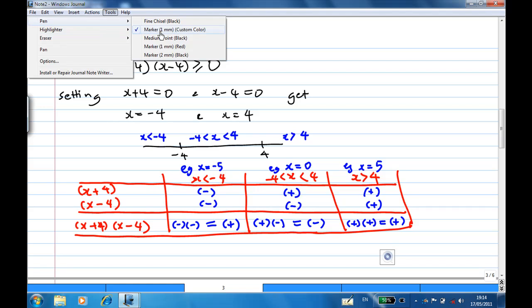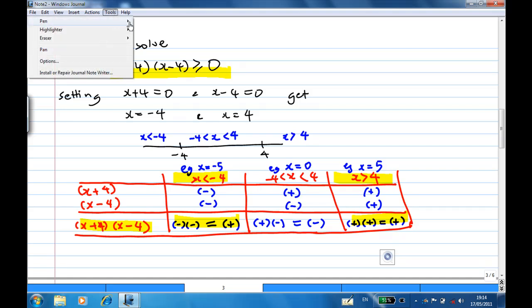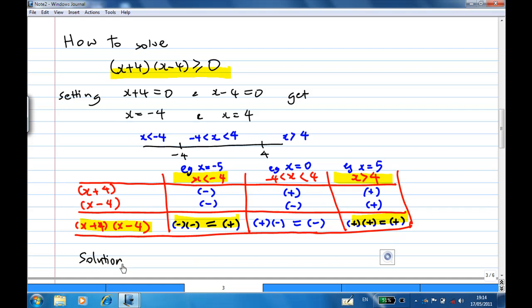Since we are solving the inequality (x plus 4)(x minus 4) greater than 0, the solution will be here. (x plus 4)(x minus 4) greater than 0 means x less than minus 4. Also here, the product is positive, so that means x greater than 4. So we know the solution for this part: x less than minus 4 or x greater than 4.